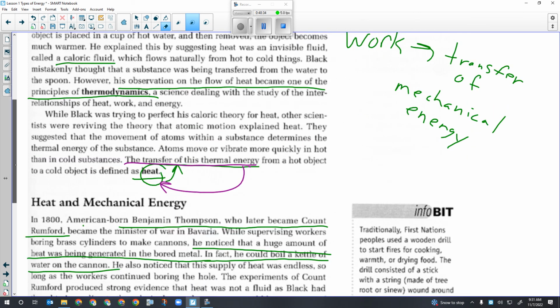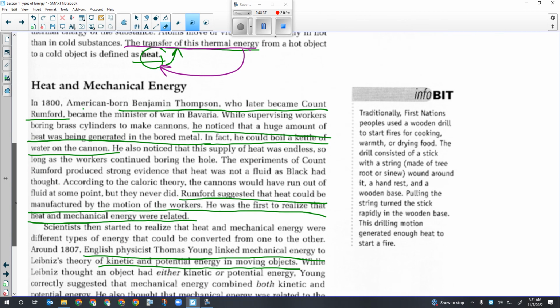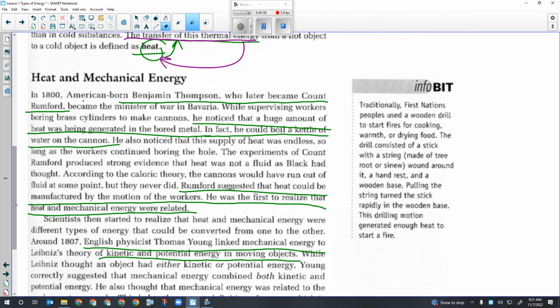Now, heat and mechanical energy. It's very easy to produce heat from other kinds of energy, but making heat do things that are useful is very inefficient. Unfortunately, it's also how we do basically everything, but it's not the most efficient way to do everything.